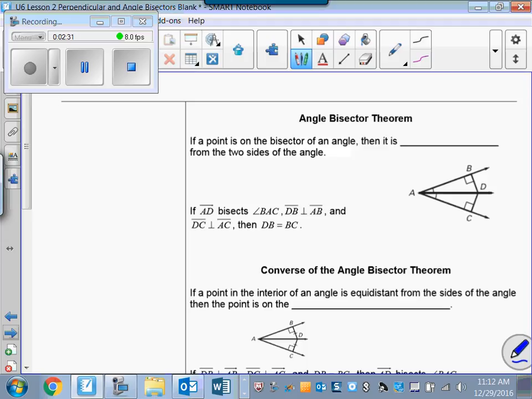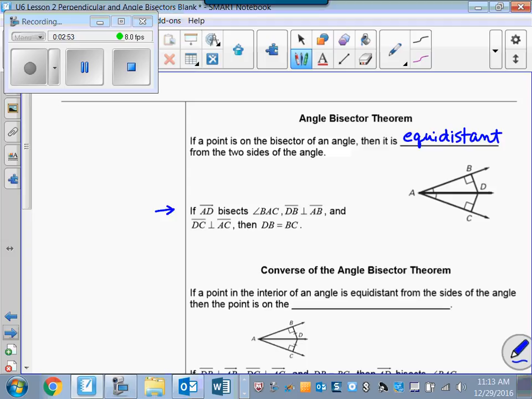Yes, if a point is on the bisector of an angle, then it is equidistant from the two sides of the angle. So if this point D here, let's just read this.